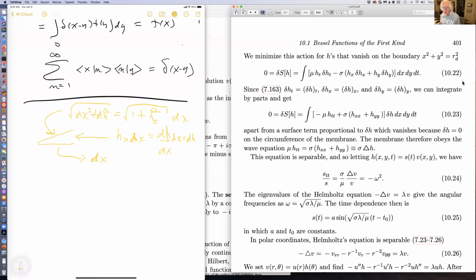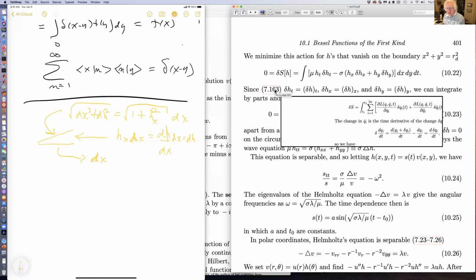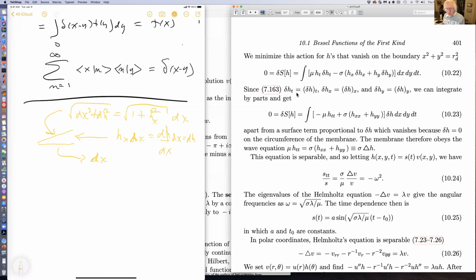And remember that, as we saw many times, the change in the time derivative is the time derivative of the change, and so forth. And so we can integrate by parts. We're dropping the surface term because, in fact, delta H vanishes at the boundary on the surface of the membrane. That's how you make a drum, after all.